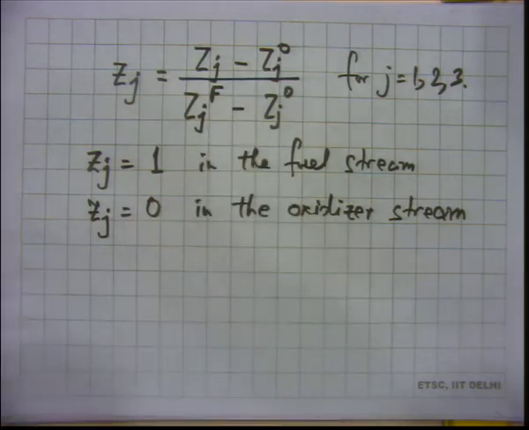Just look at this expression, that will tell you that this is correct. 1 in the fuel stream, 0 in the oxidizer stream, and that is true for all the 3 small z's.